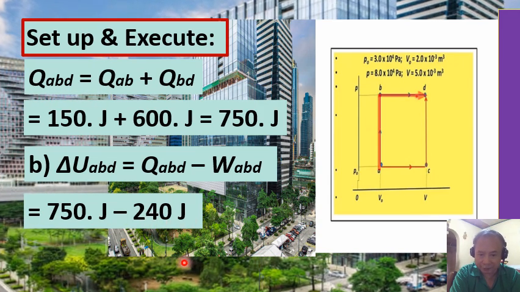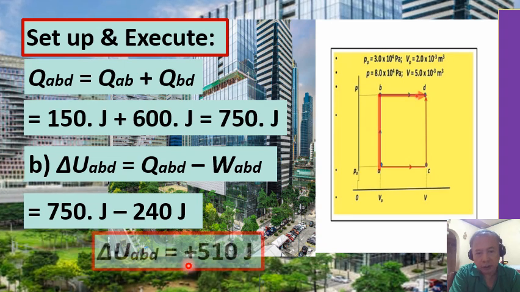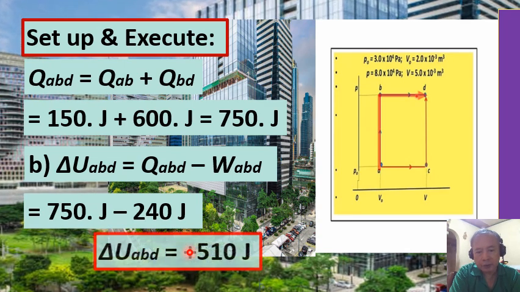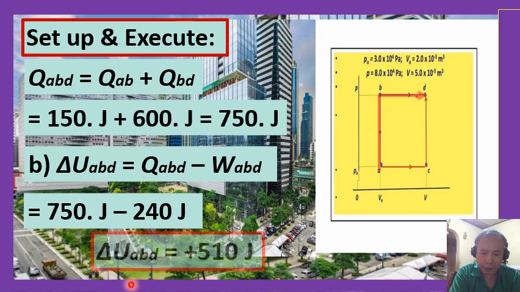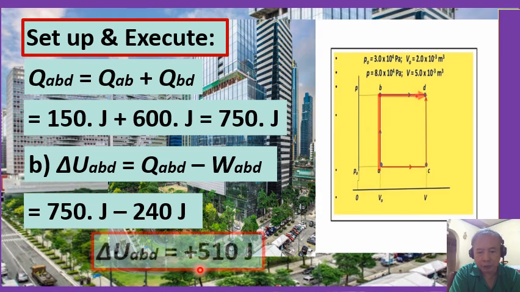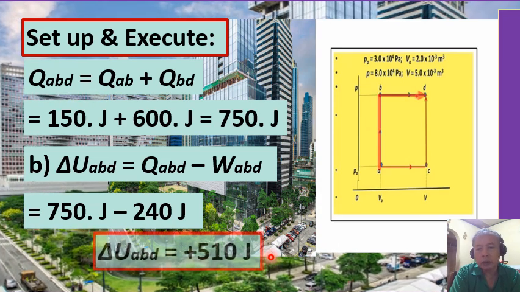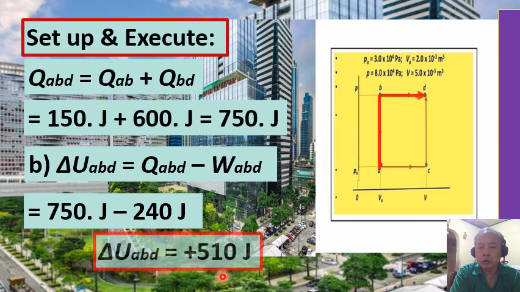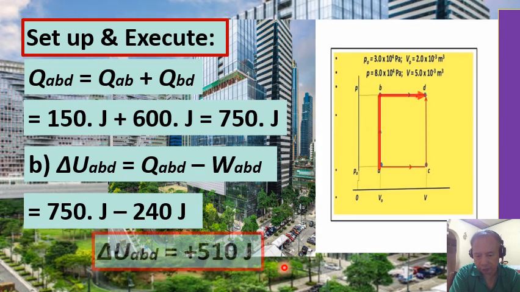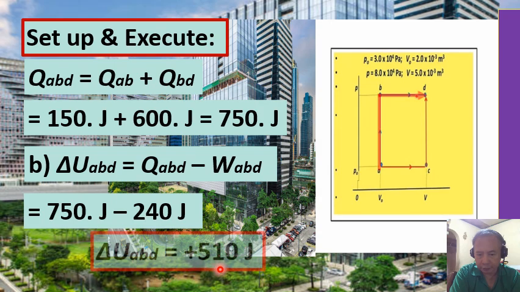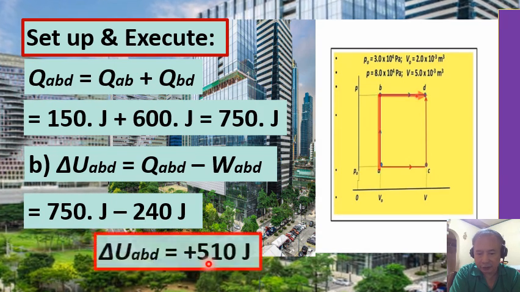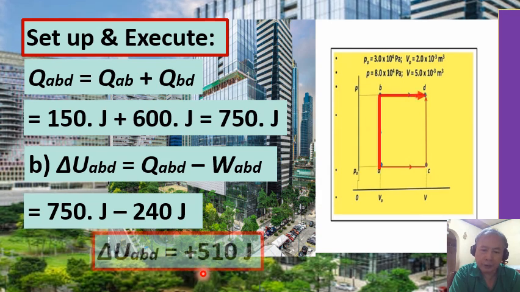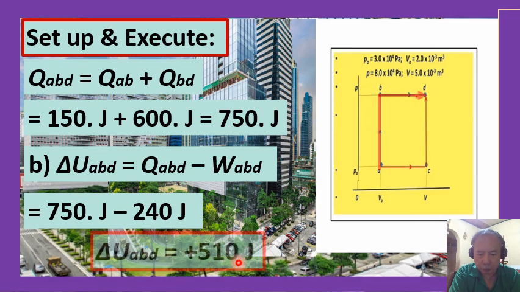So when you get their difference, delta capital U of ABD equals 510 joules, rounded to two significant figures, or rounded to the nearest tens of the value 510 joules.